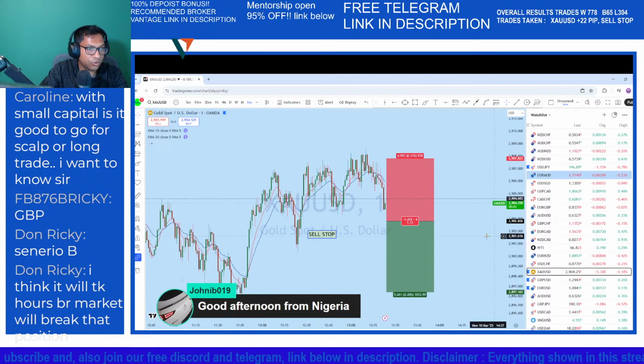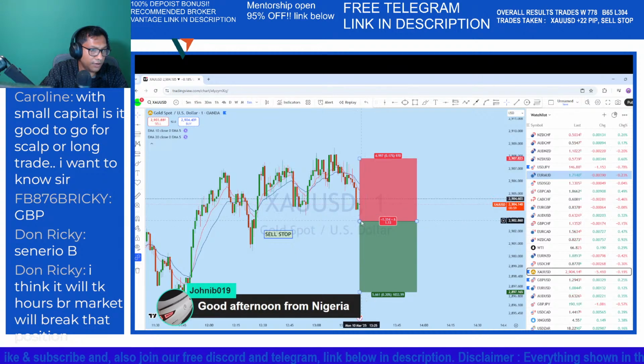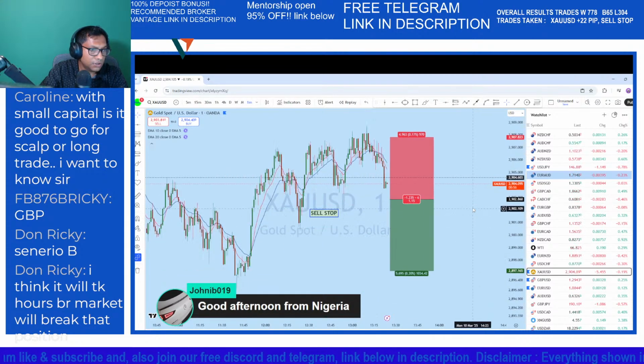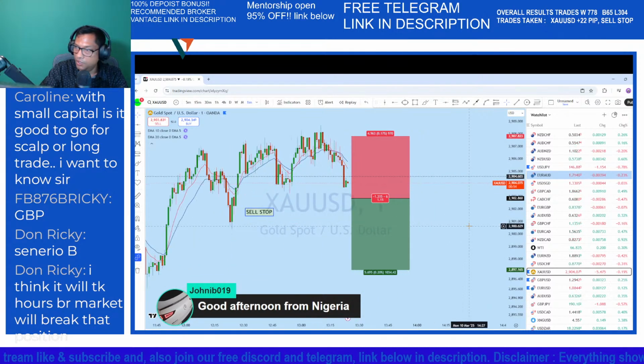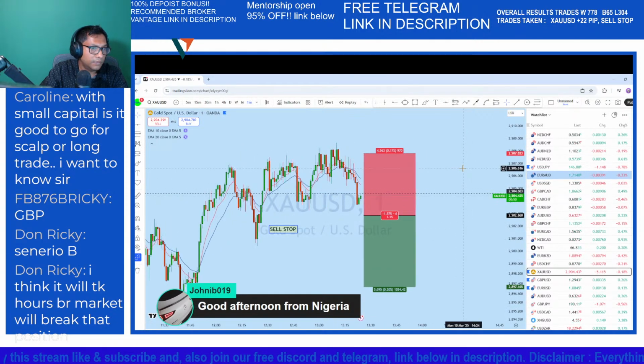So the probability to drop here is higher. So we are waiting for the market to come back here to trigger our position. If we drop back below, we'll be entering into the trade.